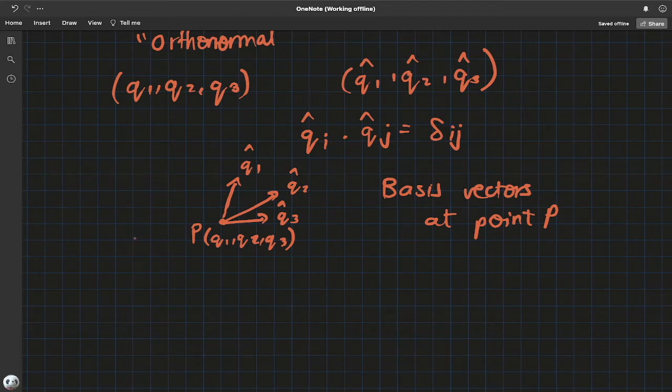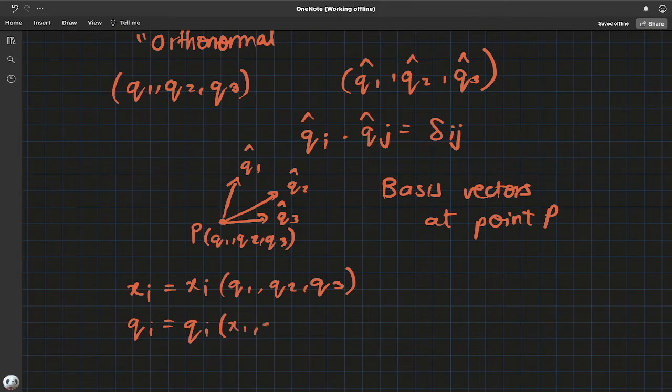Now since we are being a lot more general, for the conversion between your Cartesian and your general system, you can't really give one set of equations. So just denote it as x sub i expressed in terms of q1, q2, and q3, and the inverse of this is qi, expressed in terms of x1, x2, and x3, the Cartesian variables.